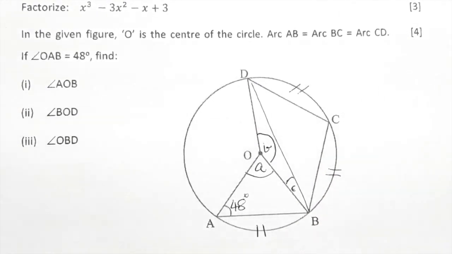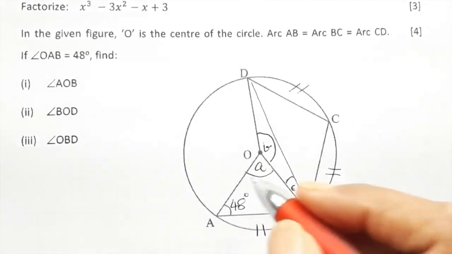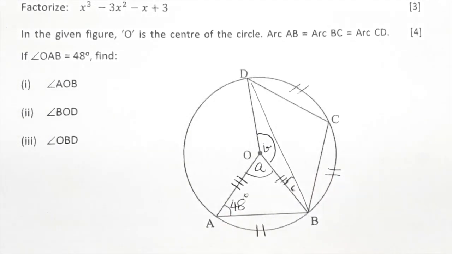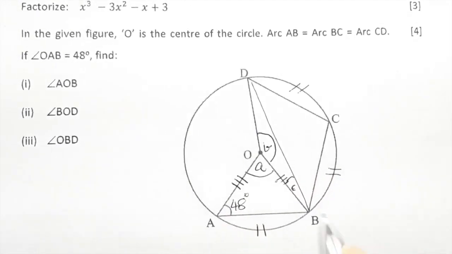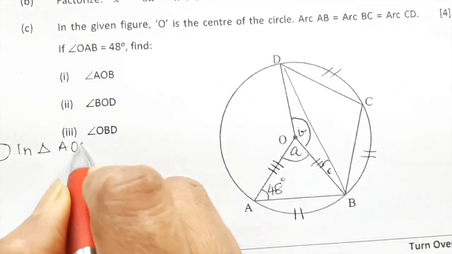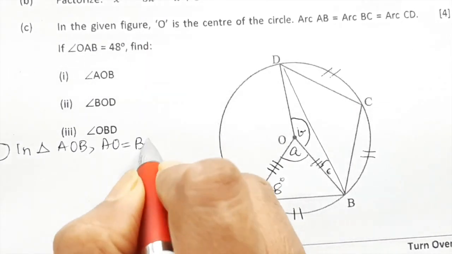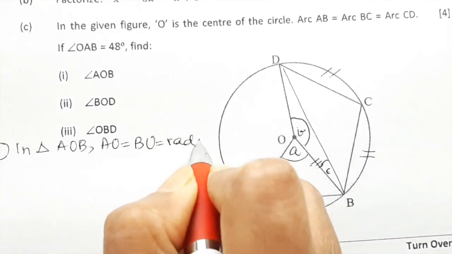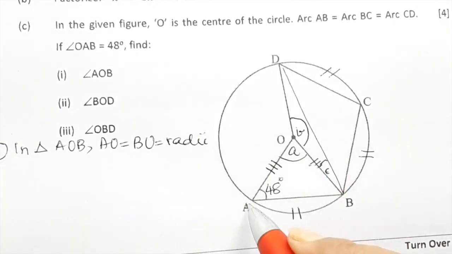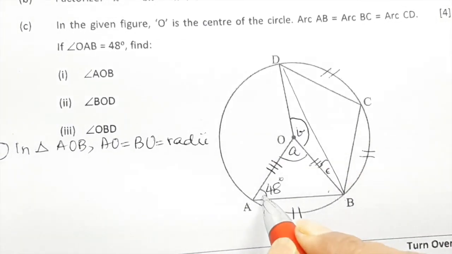Okay. Now, to begin with, in this triangle, we will have OA equal to OB. They are the radii. Correct? So let us write that in triangle AOB, AO equal to BO equal to radii. Okay, so opposite AO is this angle and opposite OB is this angle. They are going to be equal.